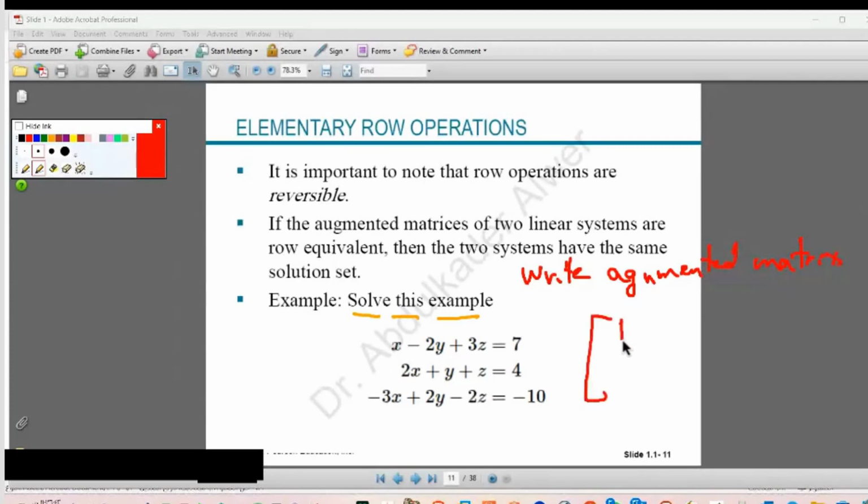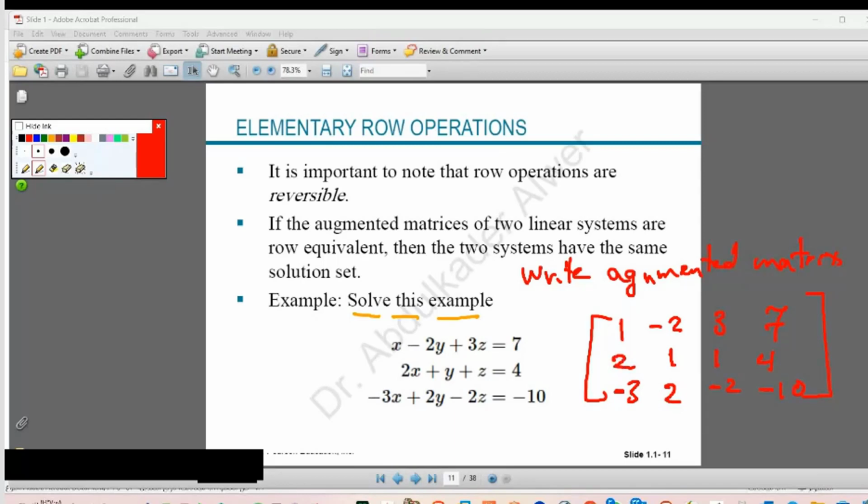It is 1, minus 2, 3, 7; 2, 1, 1, 4; minus 3, 2, minus 2, minus 10. Okay, easy. After that, how can we solve?